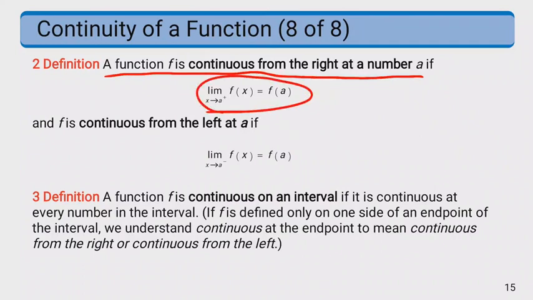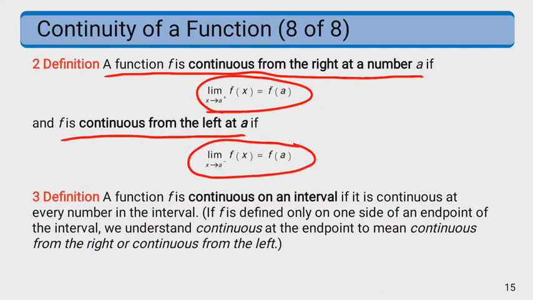So here we are looking at a one-sided limit. And the same thing can be said about the left-hand limit. f is continuous from the left at a point a if the limit of f of x as x approaches a from the left is the same as the value of the function at that point a. This is what we will say.